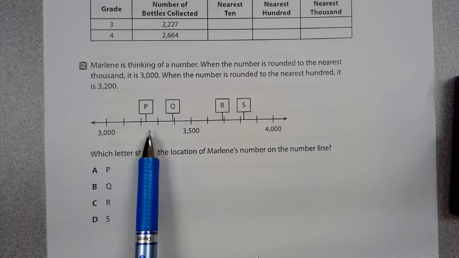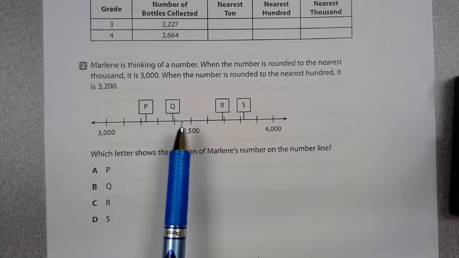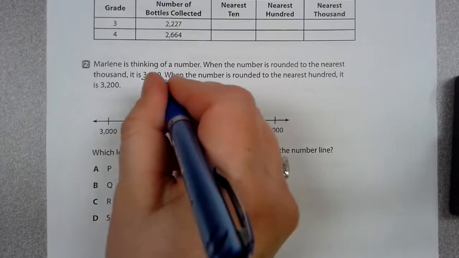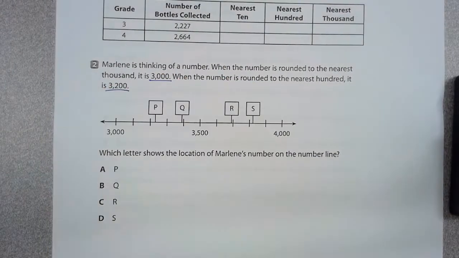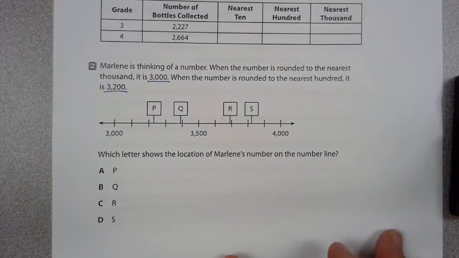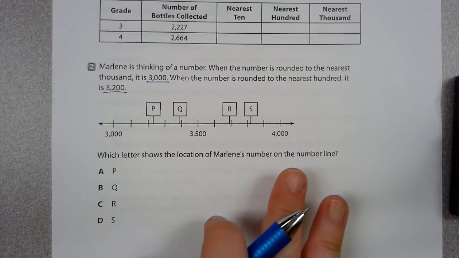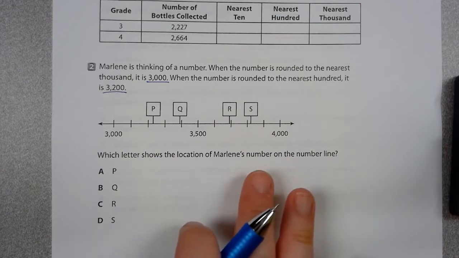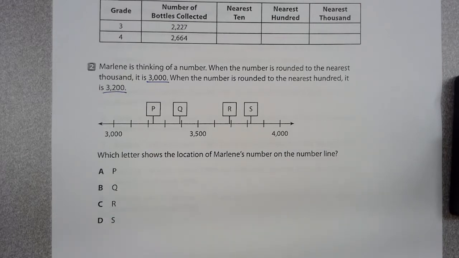So this is just giving you a little thing. Where would this number be? What would the original number be? So look at it when it's rounded to the 1,000, and then look when it's rounded to the nearest 100. Where would that go? Think about what the number needs to be to round to 3,000, and then think what it needs to be to round to 3,200.